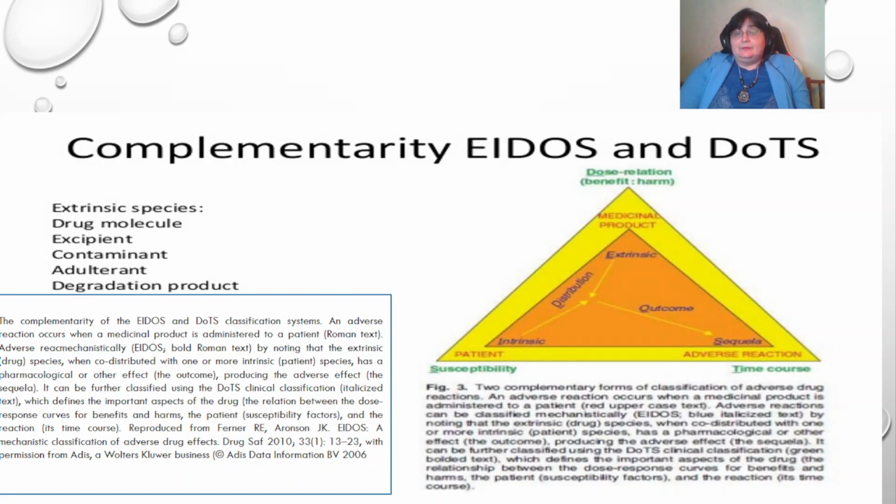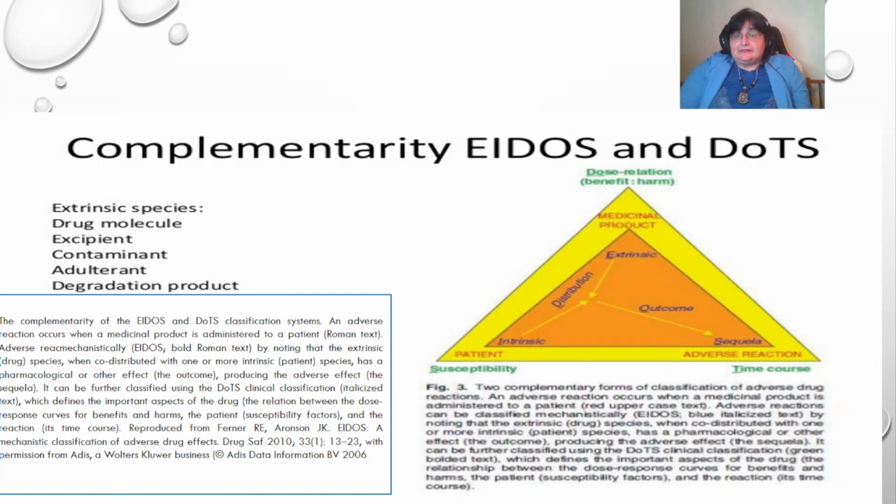2010. A complementary form of classification of adverse drug reaction: an adverse reaction occurs when a medicinal product is administered to a patient, in red uppercase text. An adverse reaction can be classified mechanistically, EIDOS, in blue italicized text, by one or more extrinsic species, which has a pharmacological or other effect on the outcome, producing the adverse effects, the sequela.